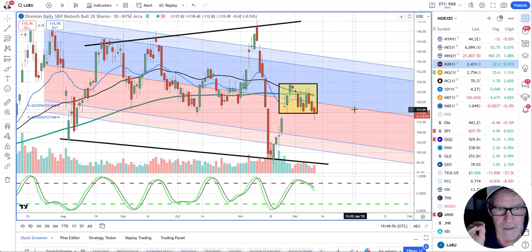And so they're very sensitive to these binary events, an FDA approval or disapproval, phase 2, phase 3 trial data coming out. It's not about earnings with these guys. It's about their pipeline. And so it can be a real exciting trade when things go well. It can be a really painful trade when things don't go well, right?